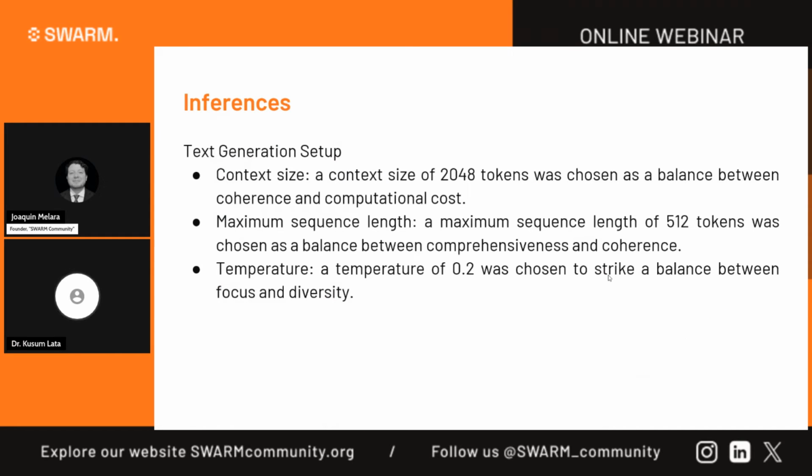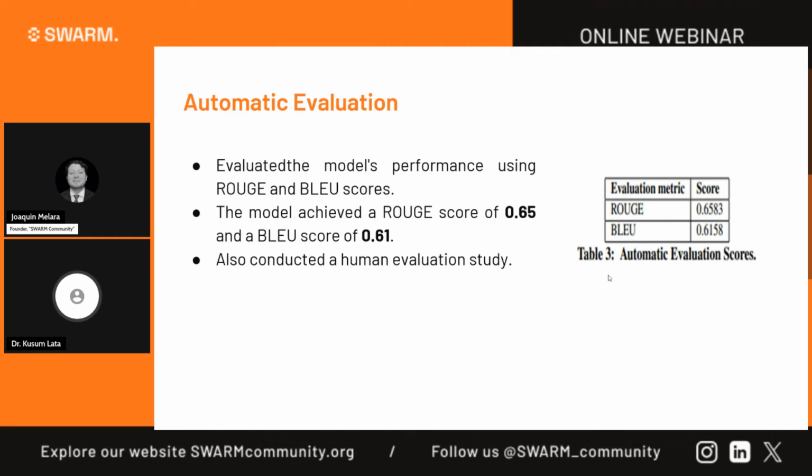We also have to set up the context size, meaning how many tokens are considered and what the maximum sequence length can be. We have taken 512 tokens, and temperature to balance between focus and diversity. There are two types of evaluation we have done: automatic evaluation and human evaluation.